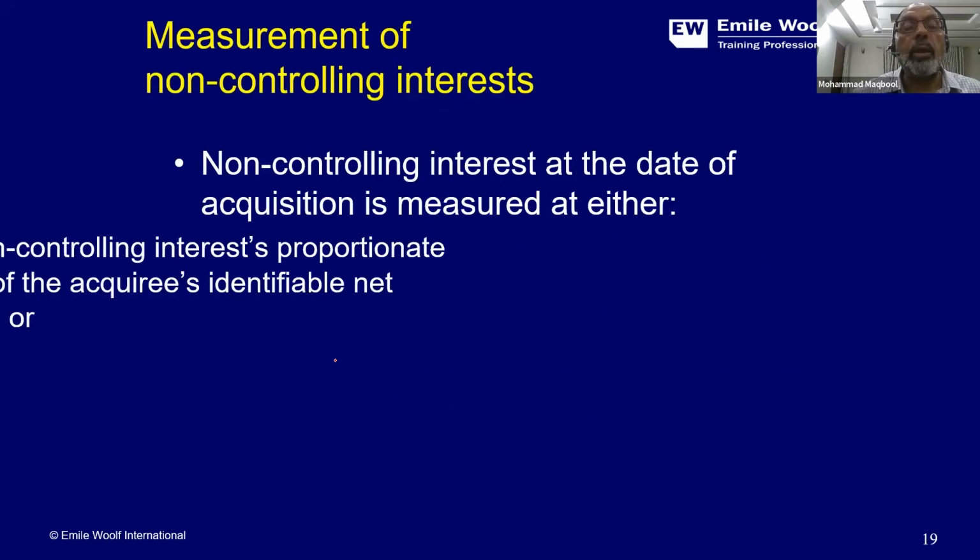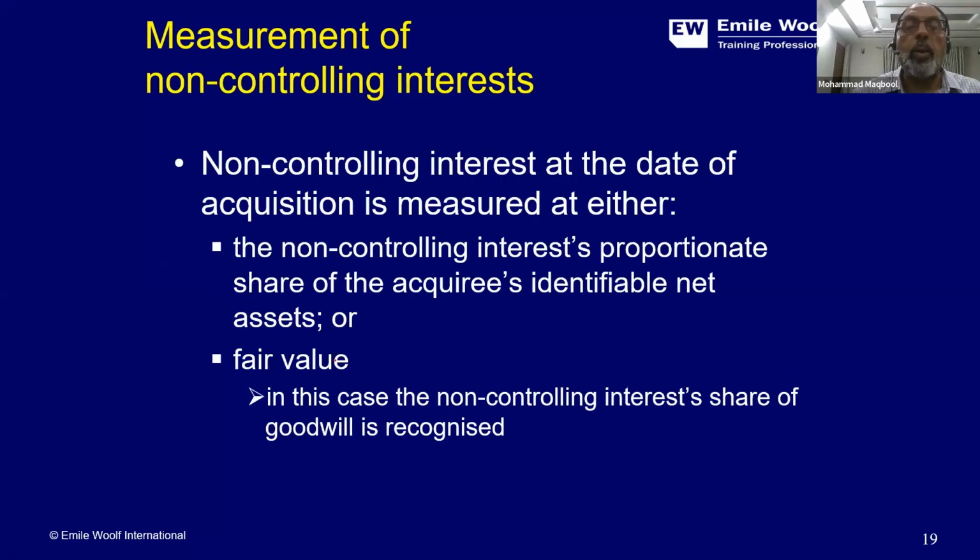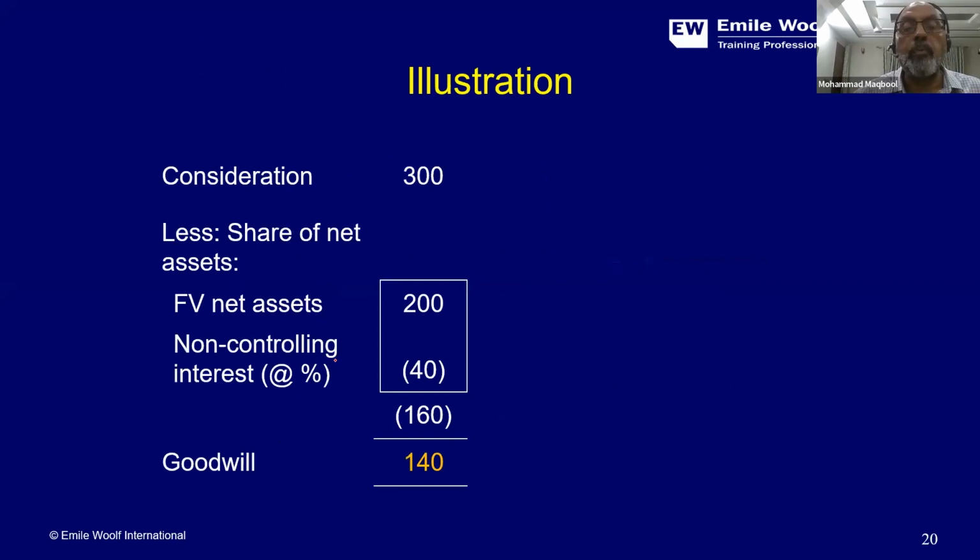It will affect the calculation. Okay, as far as the non-controlling interest is concerned, I told you it could be the proportionate share of the acquired net identifiable assets at fair value, or it could be straight away the fair value of the non-controlling interest. It brings an impact on the goodwill.